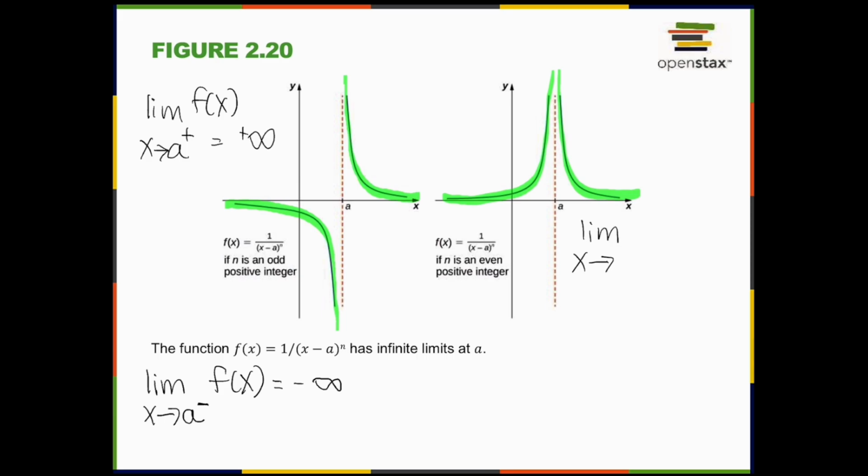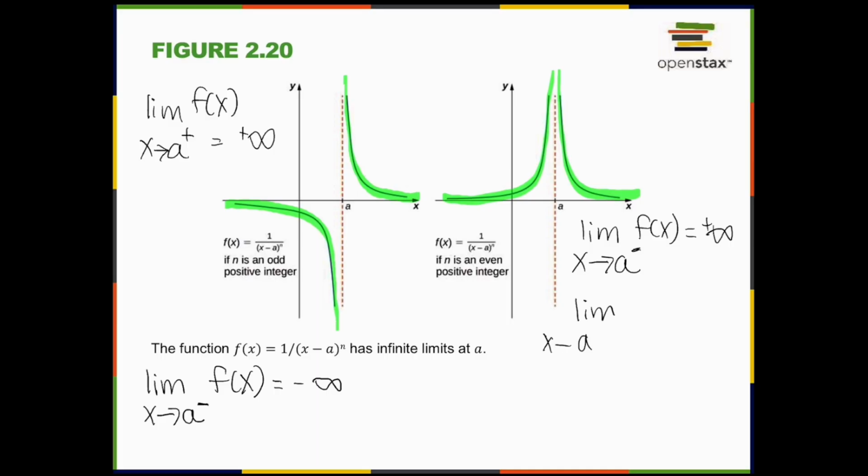So I can write that the limit as x approaches a coming from the left of our function, and this is specifically when we have an even positive integer for n, we're going to describe that as positive infinity.